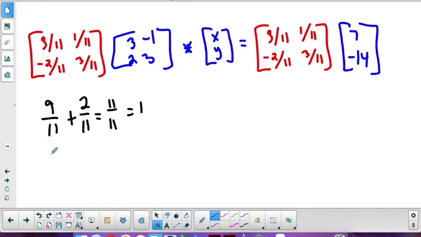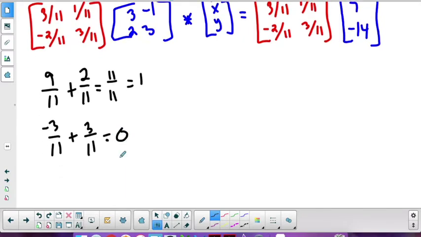That would be 3 over 11 times negative 1, so that's negative 3 over 11, plus 1 over 11 times 3. That equals 0. Keep going. Negative 2 over 11 times 3, that's negative 6 over 11. And then slide over and down. 3 over 11 times 2, that is 6 over 11, and there's 0 again.